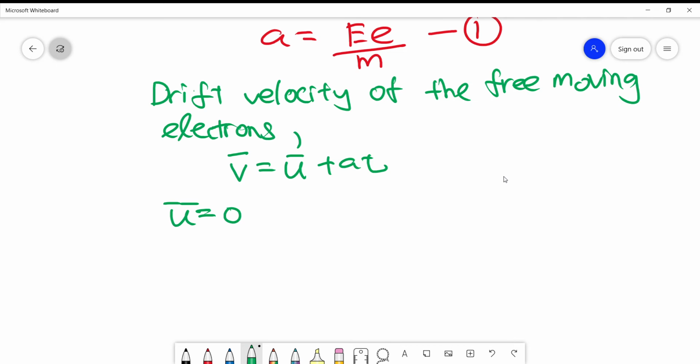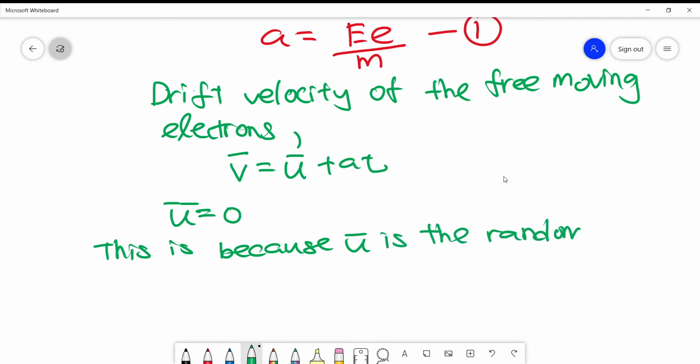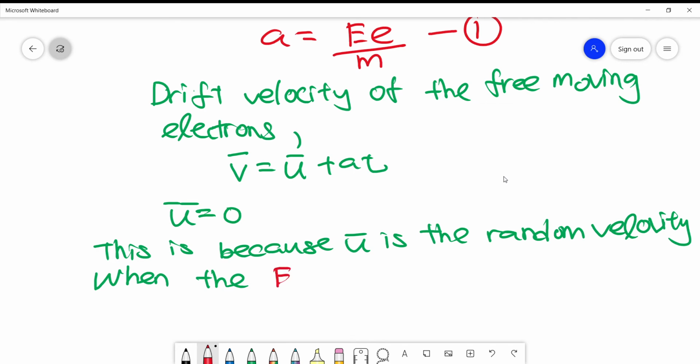Why? This is because u is the random velocity when the electric field is not supplied.